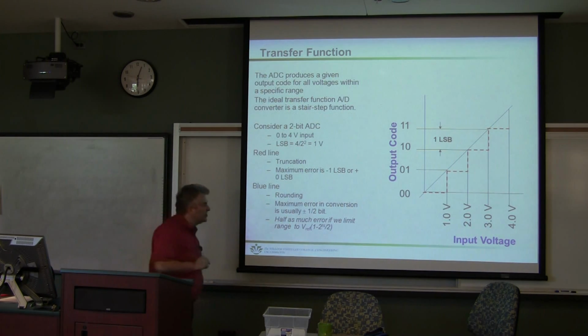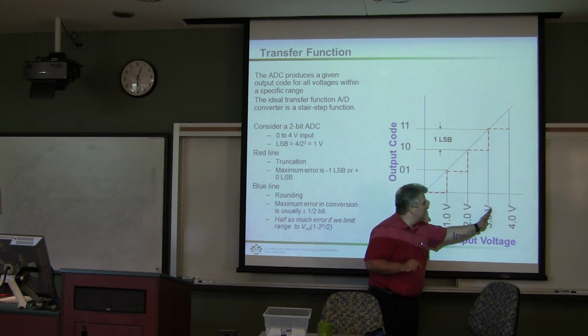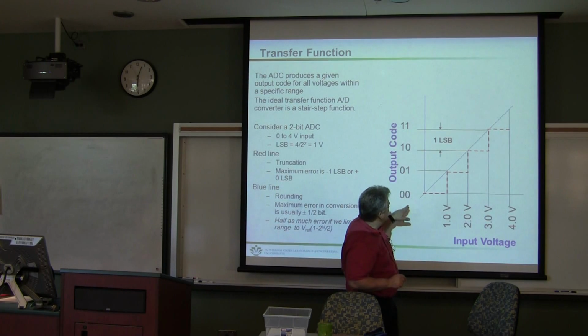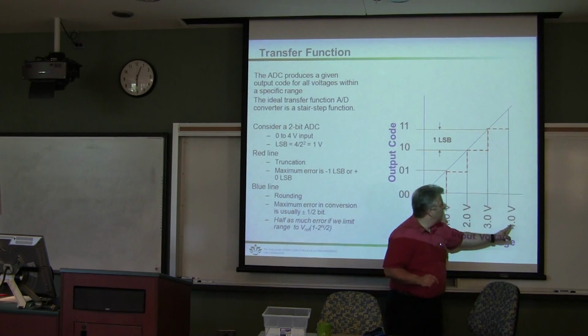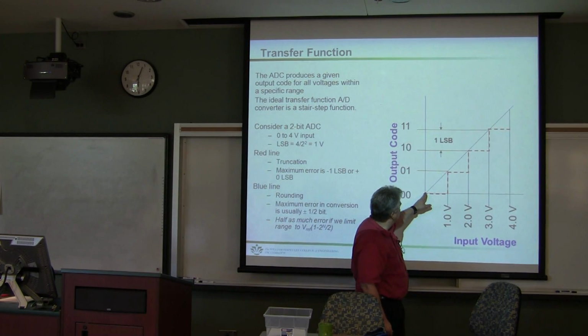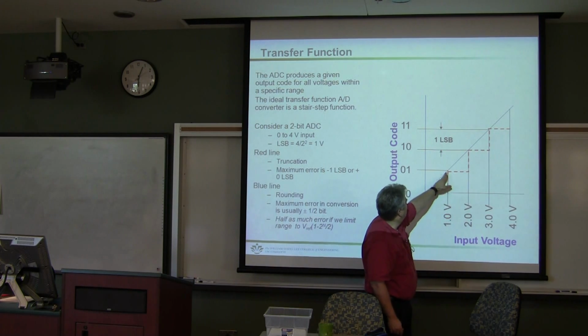We're going to have a function that is associated with, depending on what your voltage is, what your output will represent. In this case, we have a voltage from 0 to 4 volts. At 0, 0, it's going to be 0. At 0, 1, it's going to represent 1 volt.